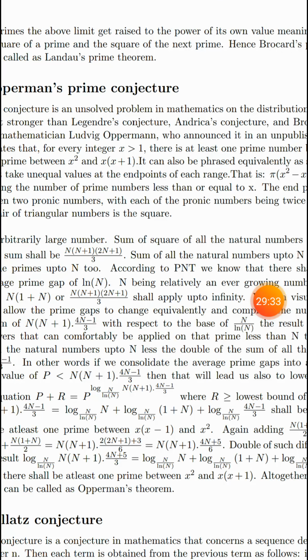We have taken a big number n, then we have taken the square formula, then we found the gap, and compared these two representations. One is x square and one is x square plus x. Both the cases it succeeds.